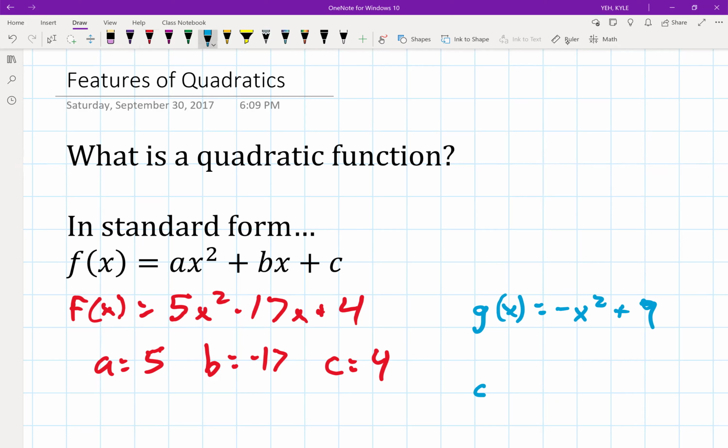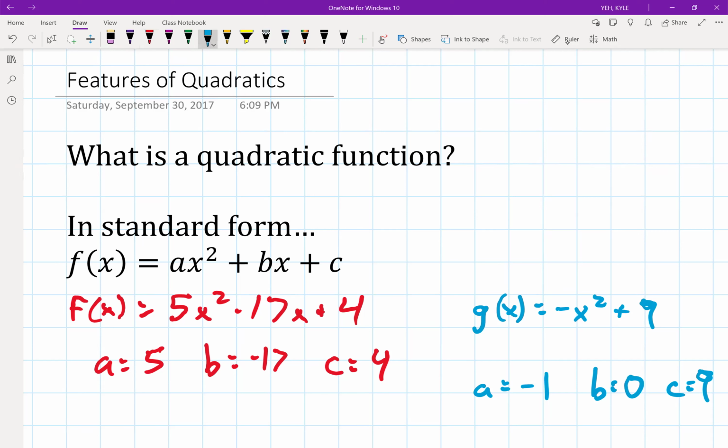If I asked you what a was, many of you would probably say, how many x squareds are there? Well, there's negative 1x squareds. And what is c? C is just that constant, just the number, so c is 9. What is b? Well, how many x's do we have? We don't have any x's in this function.